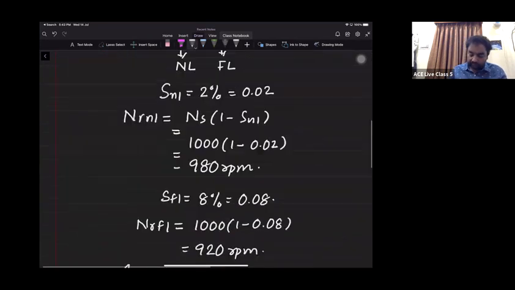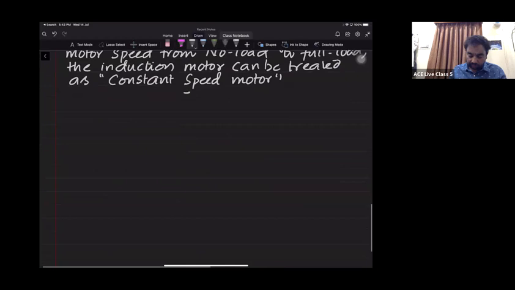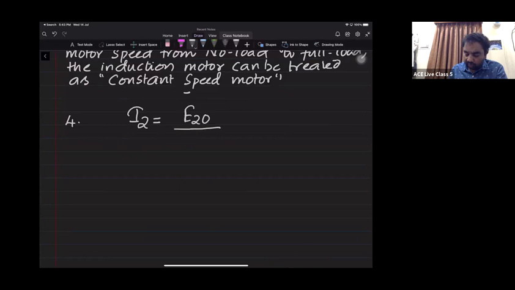Done. The fourth point is: what is the equation for the rotor current? So rotor current I2 is equal to, if you remember, E2 naught by square root of (R2 by S) whole square plus X2 naught square.